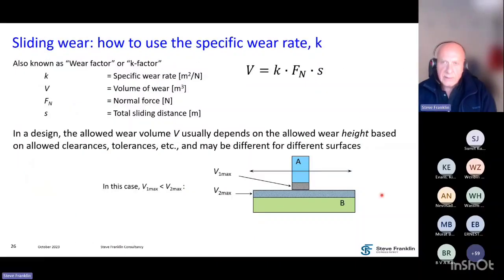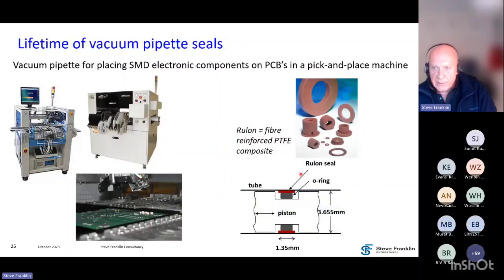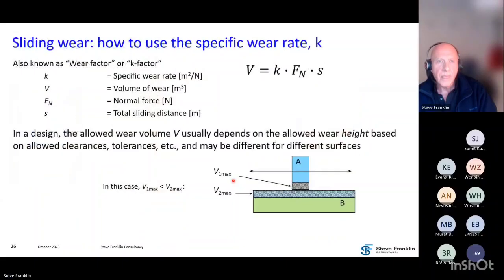What's important here is the sliding of this Rulon seal against the tube, and whether or not the wear of that Rulon seal is going to be too much within the lifetime, or whether it will likely meet the lifetime requirements.